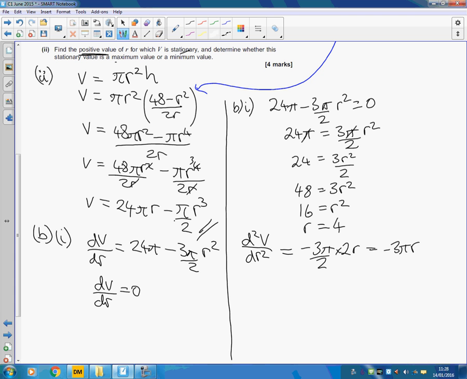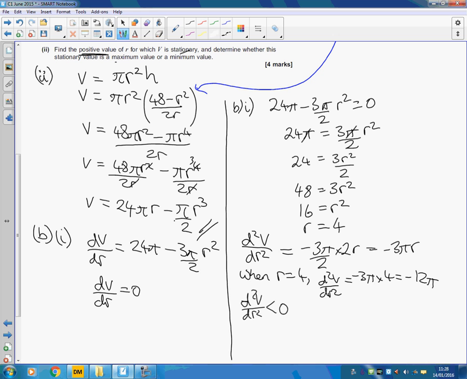Okay, we need to take our value for r and substitute that in to find out what type of point this is. So when r equals 4, d2v by dr squared equals negative 3 pi times 4, which is negative 12 pi. It's really important now to write our conclusion. So that means that d2v by dr squared is less than 0.